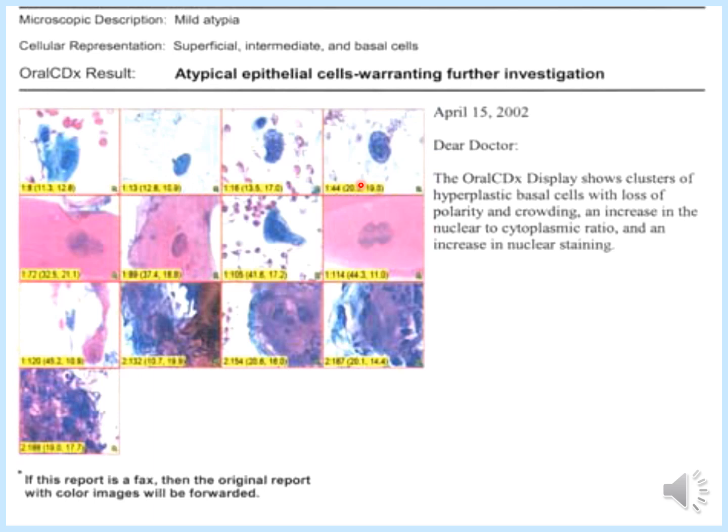Okay, so for those of you who are not familiar, all epithelial cells, before they become malignant, always undergo something called atypical changes. That means changes which indicate that the cell is going to turn dysplastic or has turned dysplastic and has a high chance of turning into cancer.